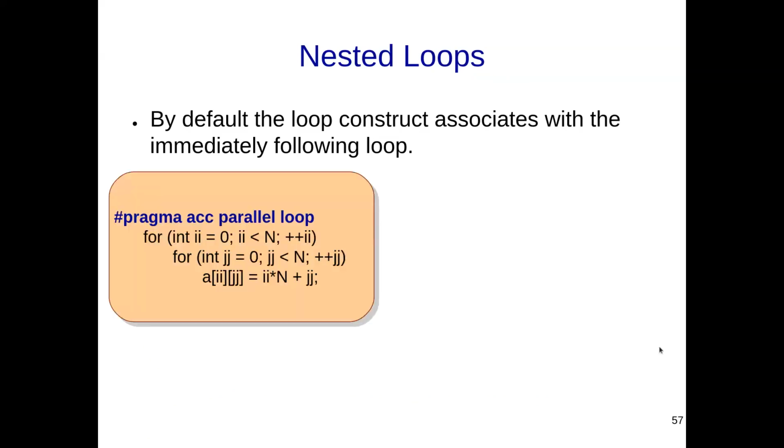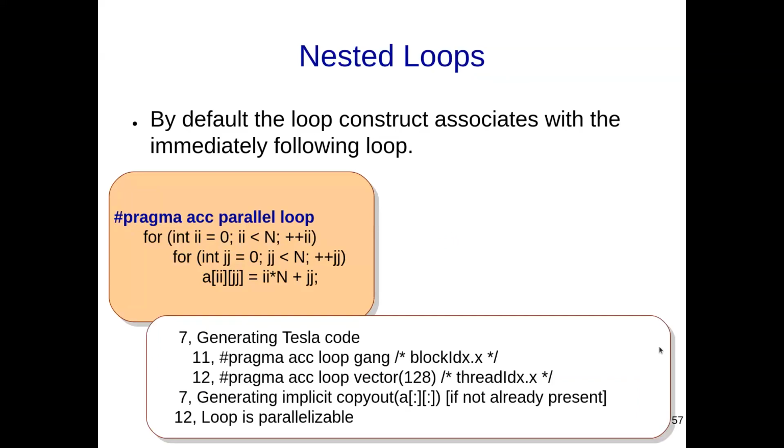So in this case, that parallel loop is applied only to i and not to j. This seems to be a reasonable thing to do. And -Minfo=accel can give us that information. So please note what information it is giving.